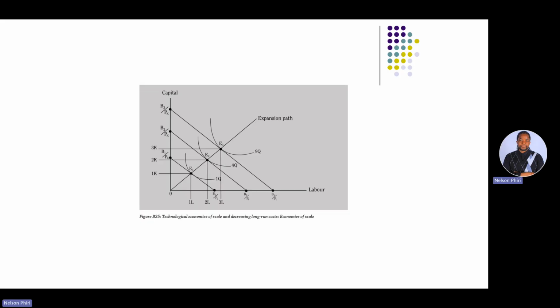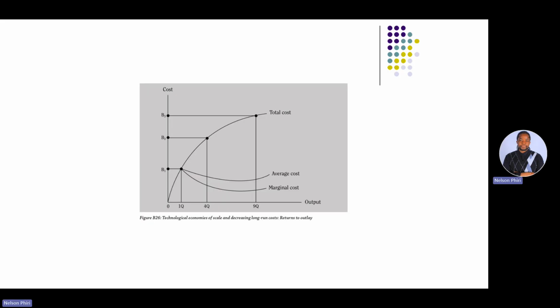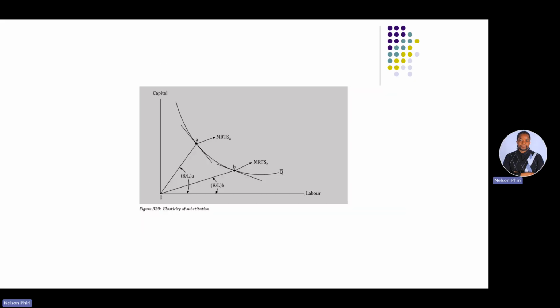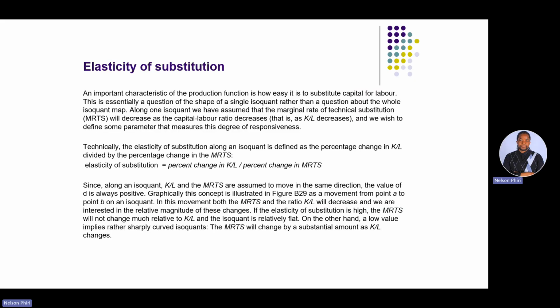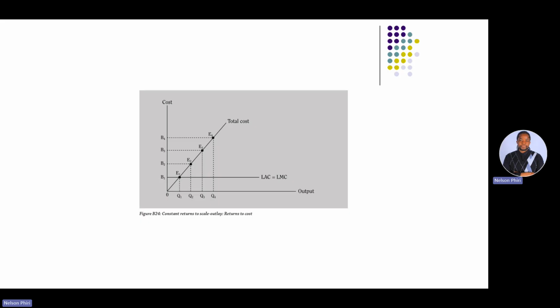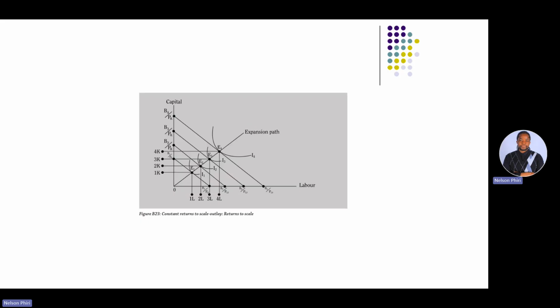So the rest of the remaining slides, I think you can go over this just to get your own understanding. This remaining part you can self-study. It is important to notice that in this video, we covered very important elements ranging from your returns to scale, the last part of which you're going to self-study.